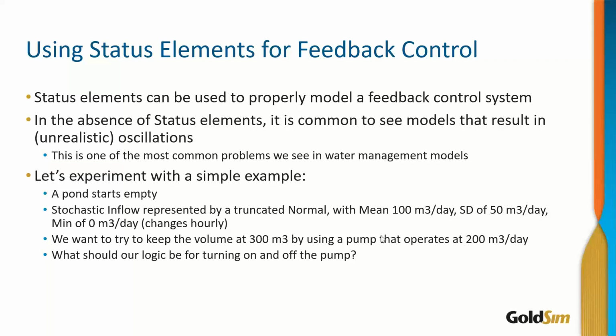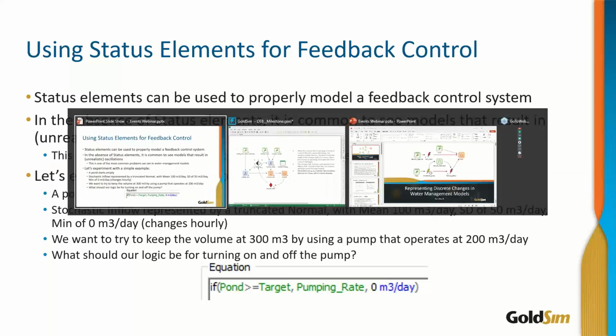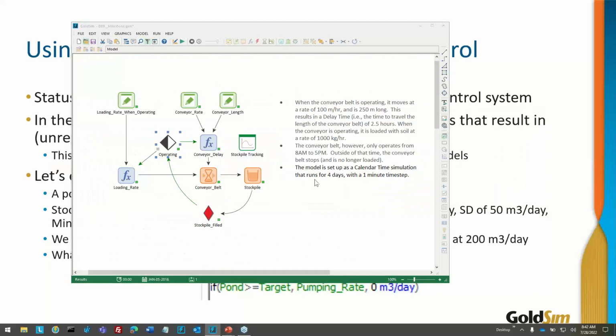And their first idea is often to do something like this. If the pond volume is greater than or equal to the target, so if the pond exceeds 300 cubic meters, turn on the pumping, else turn off the pumping. And although this looks logical, this results in oscillations. So let me just show you an example of that.